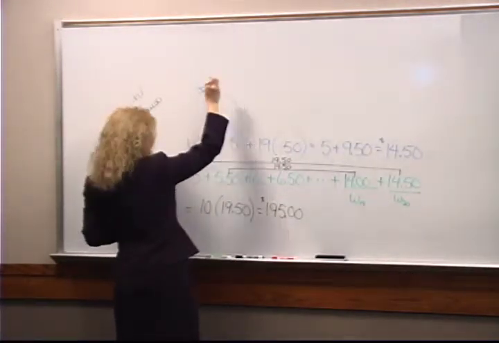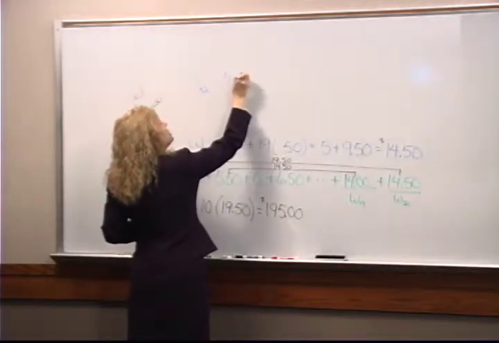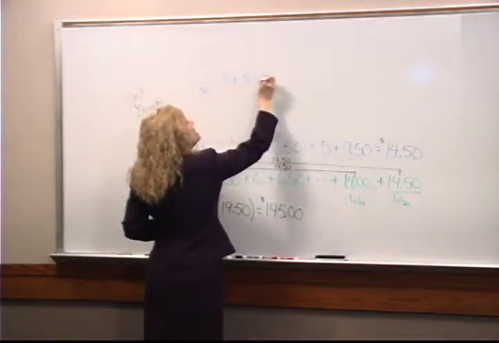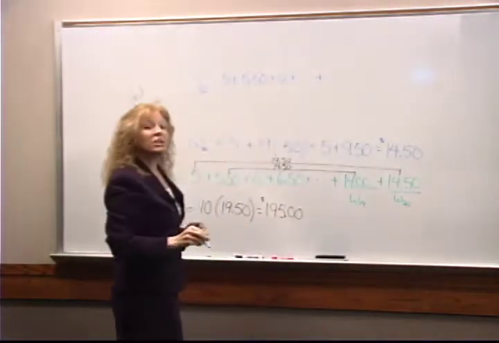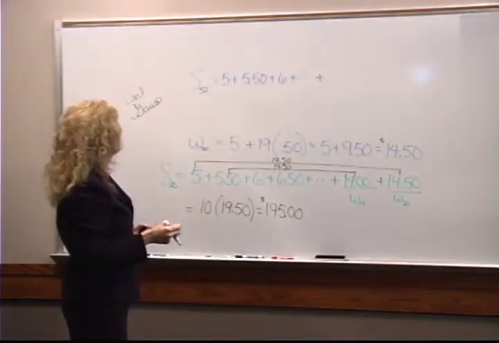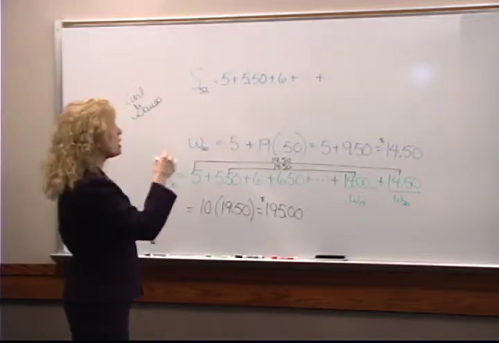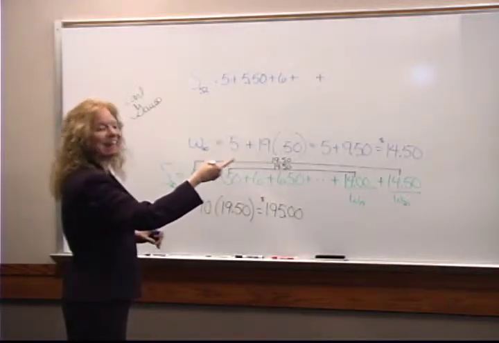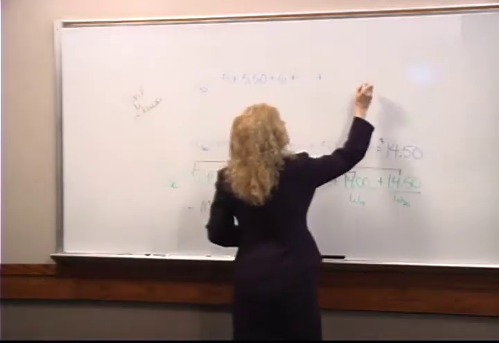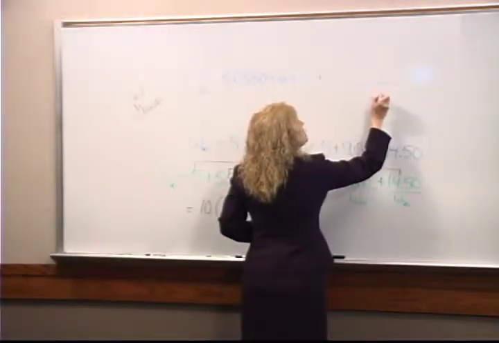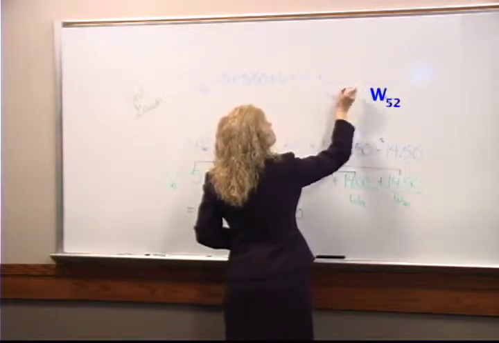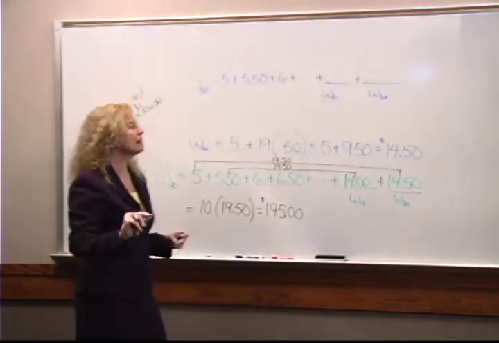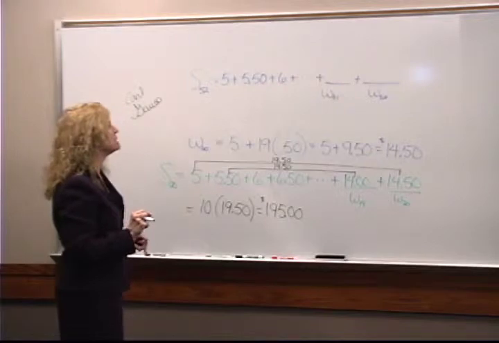And I have $5 plus $5.50 plus $6 and so on. Now, what do I need to find? Well, I need to find out how much that was in the 52nd week, okay? And just to make it nice, I should probably also find week 51. Just to kind of double check myself on my arithmetic.